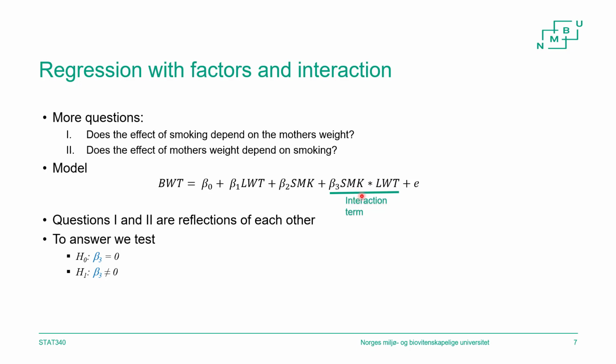So this is how we can now test both the effect of mother's weight, smoking, and if these two have some sort of linkage or dependency. So let's go to an R session and see exactly how we do ANOVA in R.